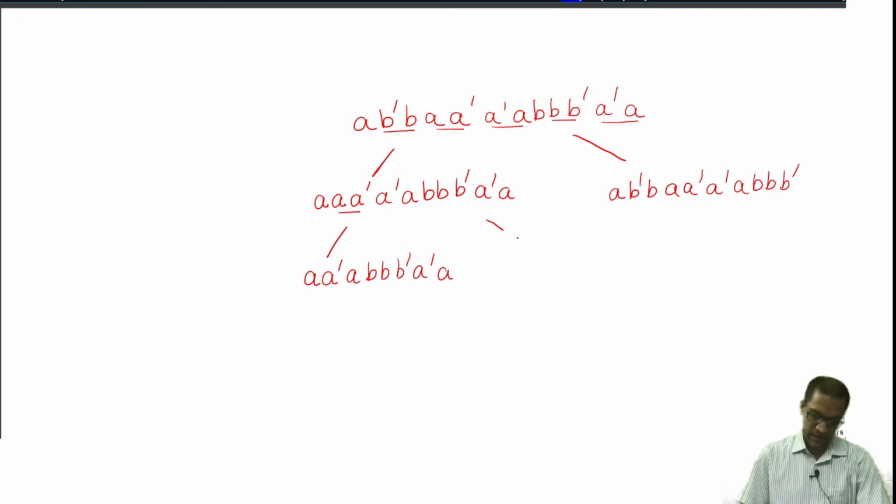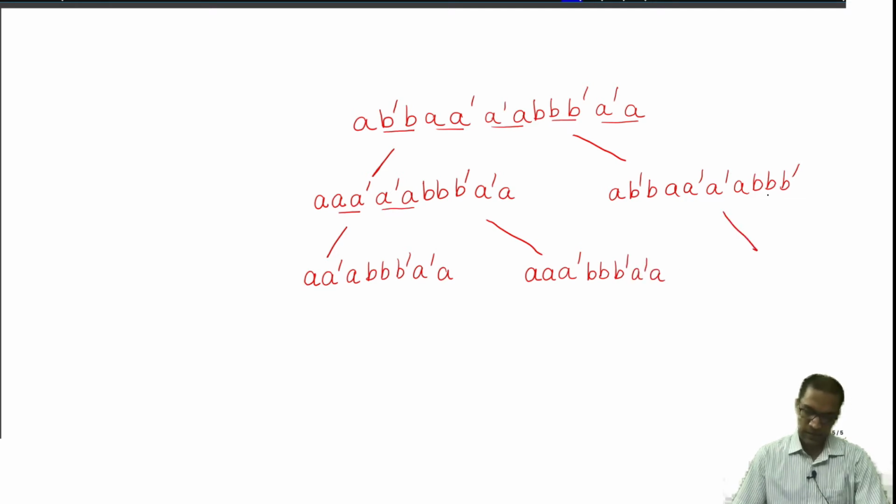Then again here I have other choices. I could have collapsed, let's see, maybe the next pair, a prime a, so that will give me a prime, b, and so on. So this again, maybe I collapse the last b prime, a, and there's a b at the end, okay, and so on.